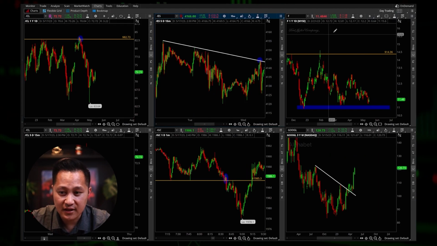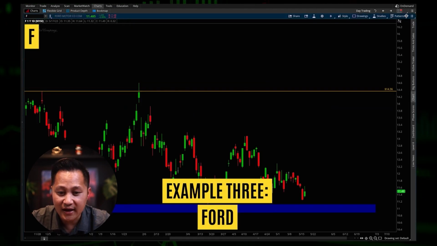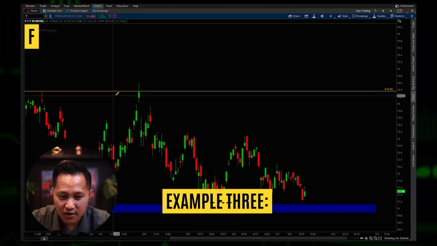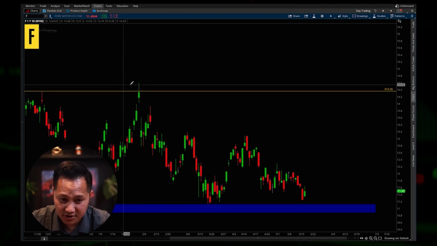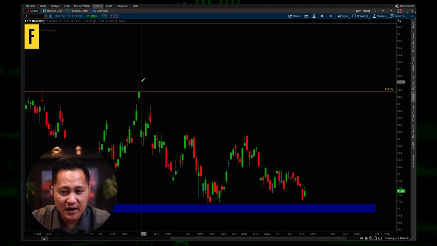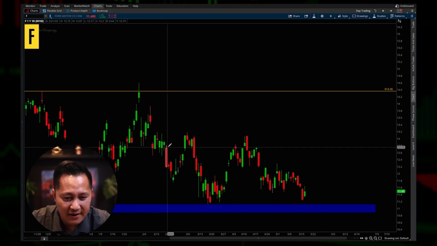And then of course, the perfect last illustration of a false breakout in the chart named Ford. In this case, on the right-hand side, when you see a resistance here, look at what the market did. It broke $14.36, which is the previous resistance on the left-hand side, by maybe 30 to 50 cents to the upside, and look at what happened after the fact.